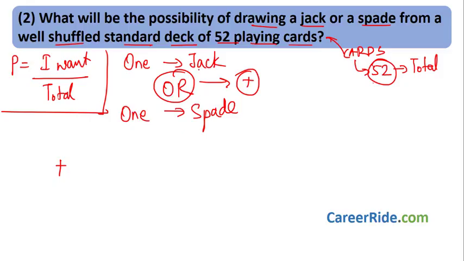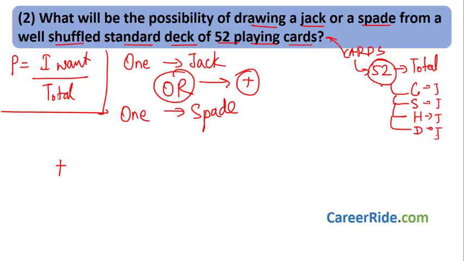Now we pick out one card, that should be a jack. There are 4 suits in a well shuffled standard deck of 52 playing cards. One of club, one of spade, one of heart, one of diamonds, right? Each suit has 13 cards, and each of them has one jack.